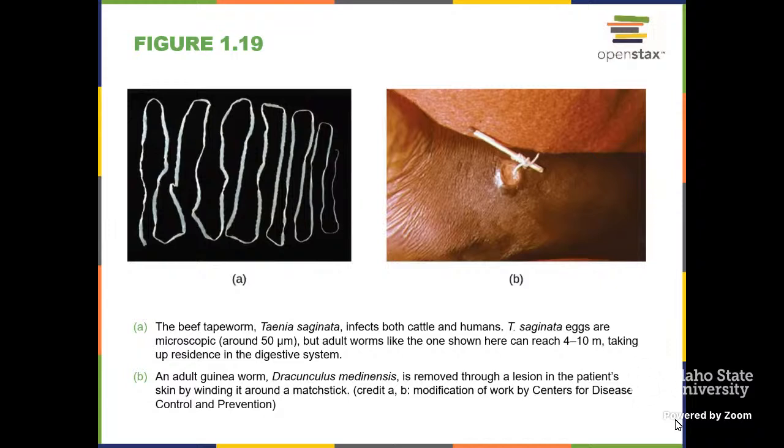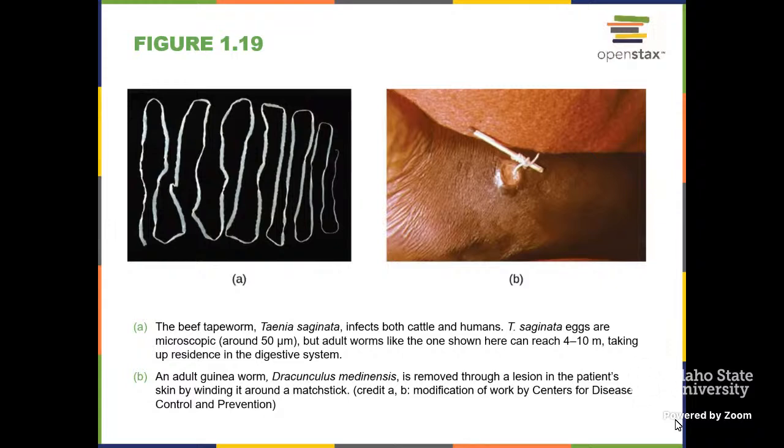This worm, and I will tell you real quick, the flatworms almost always are hermaphrodites. One worm with both sex organs. It only takes one, all right? You don't get infected with this tapeworm and all of a sudden you've got millions of tapeworms.